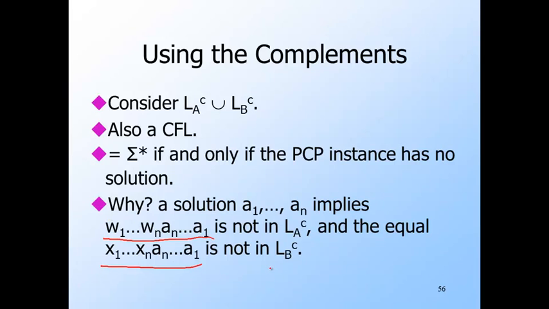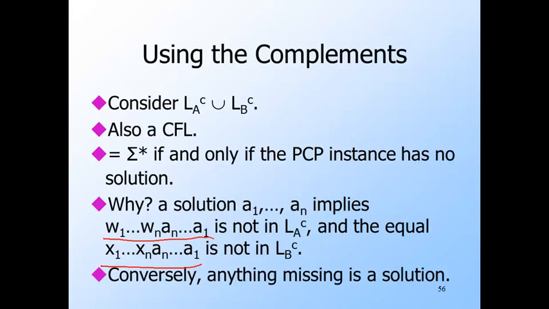Thus, if there is a solution, there is a string missing from the union. Conversely, suppose string Y, AN down to A1, let's say this, is missing from the union.